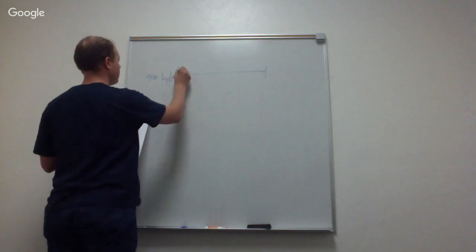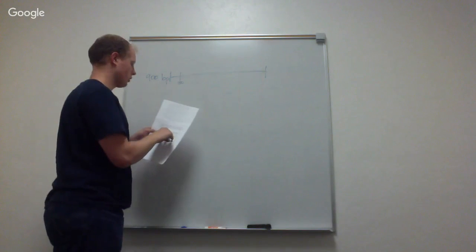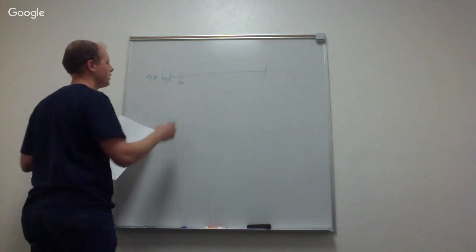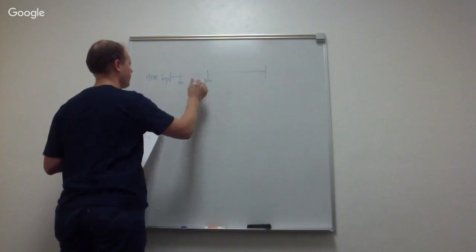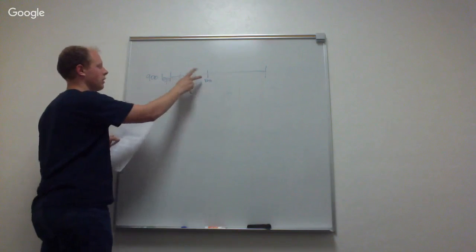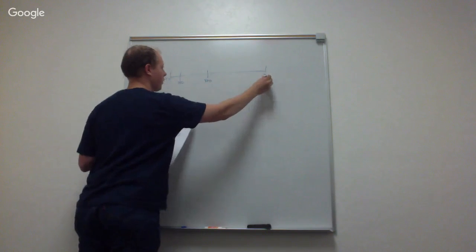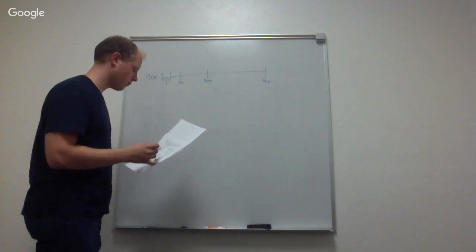One's at 50, so I'll mark about 50 right here. And the other one's going to give us a fragment of 350 and 500. So we'll just guess and say that we have another one at 400 base pairs, which gives us fragments of 50, 350, and then 500. And we'll just see if that works as we go forward with the other ones.